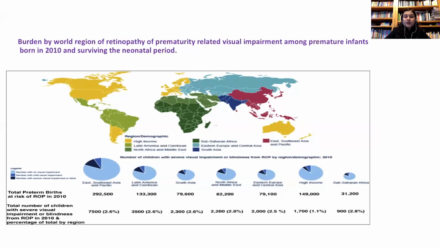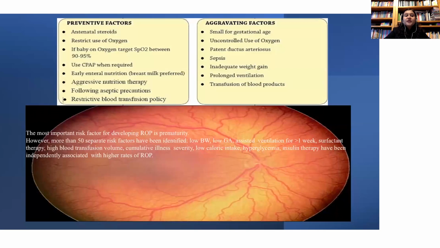The most important risk factors for developing ROP are prematurity and low birth weight. However, more than 50 separate risk factors have been identified and associated with ROP, and if preventive factors are taken care of, the prevalence and severity of ROP can be reduced.